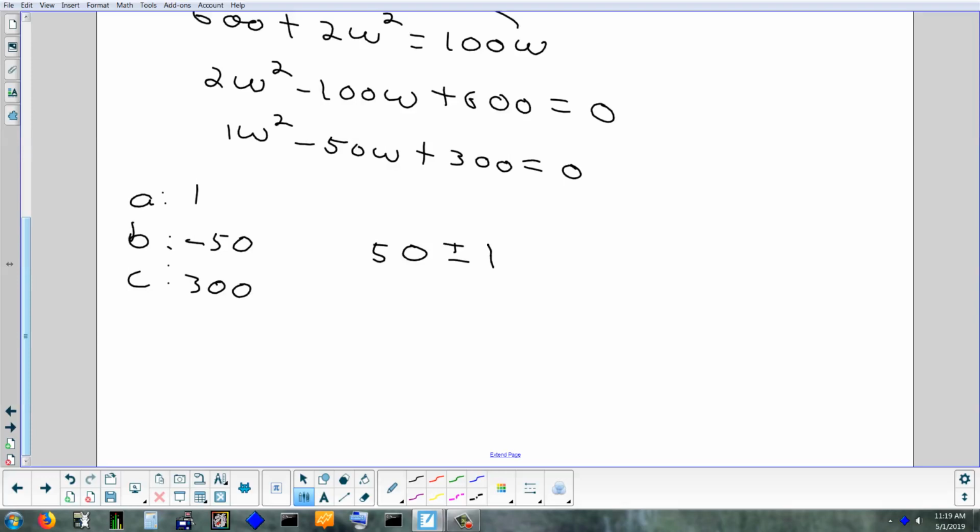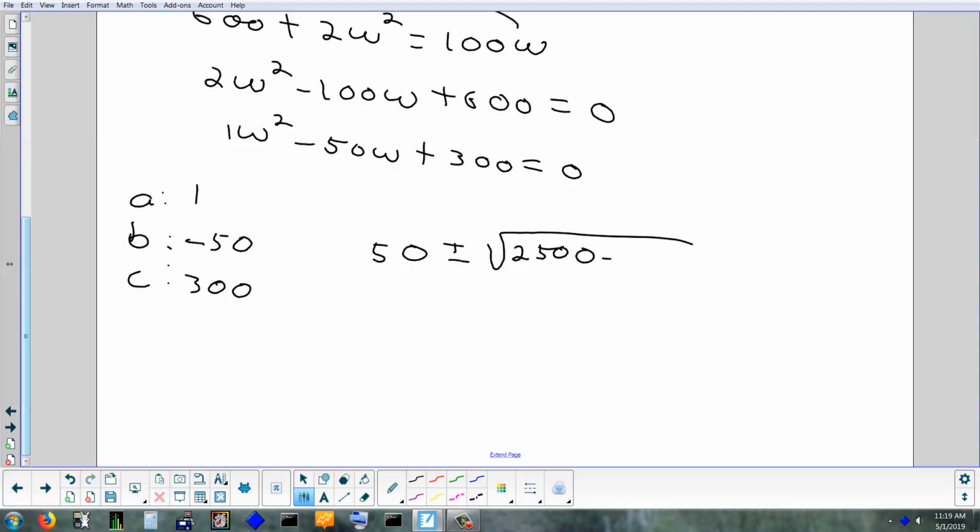Square root. 4ac. A little more than that. Yep. B squared minus 4ac. So b squared is just negative 50 times negative 50. That's just 2,500. Minus 4ac.